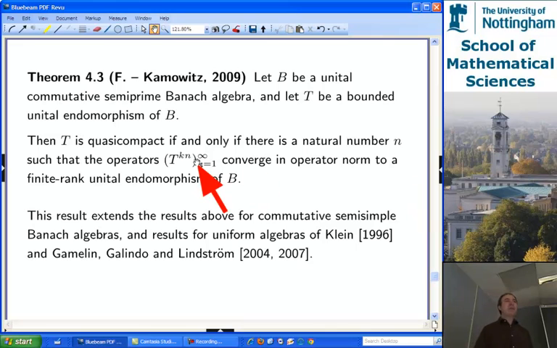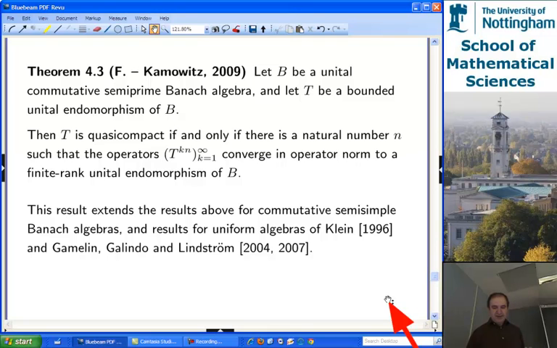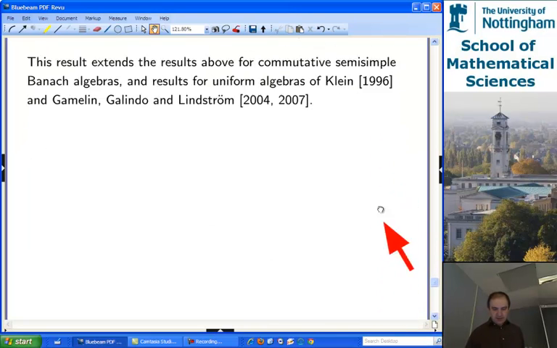So it's a subsequence of the powers, which corresponds to these attracting fixed cycles. And these T to the kn, as k varies, converge in operator norm to a finite rank endomorphism. And that generalizes this earlier work.